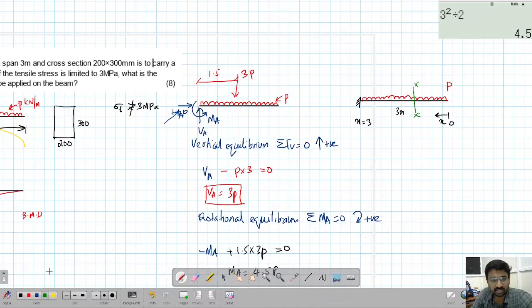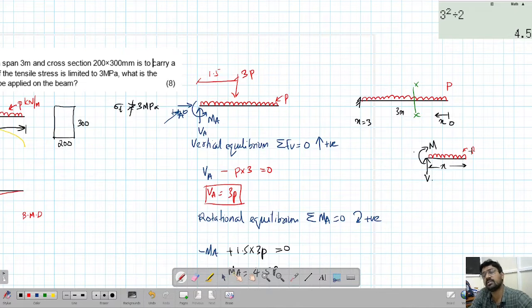I'll just isolate that portion. This is P, and this distance I'll call x. Here we can have a moment and a shear. I am drawing the right hand side. For the right hand side, the convention for positive moment is clockwise, and positive shear force is upward.